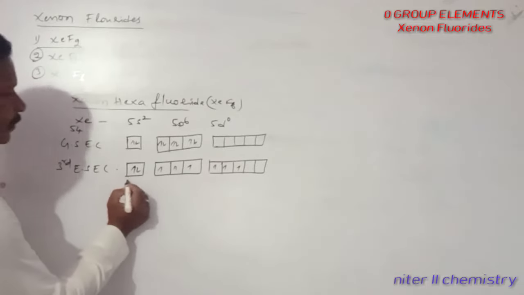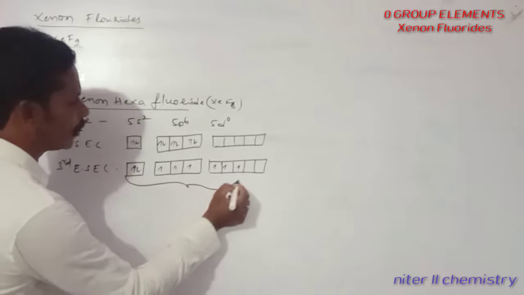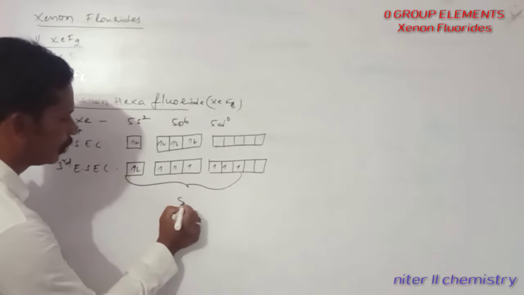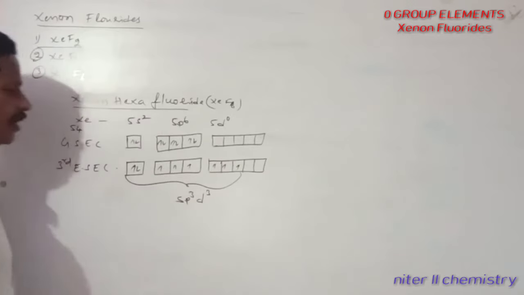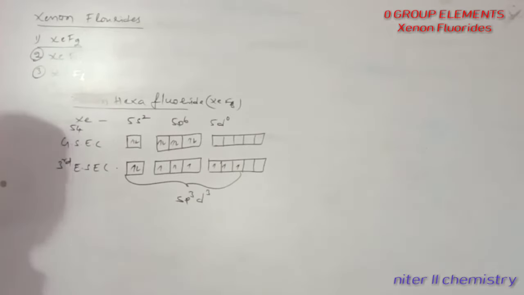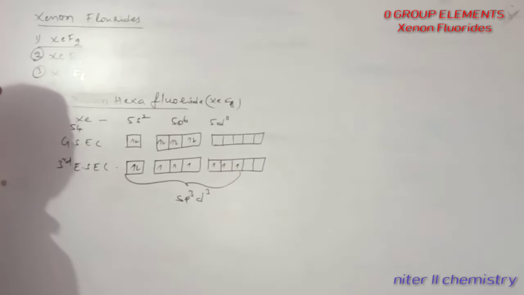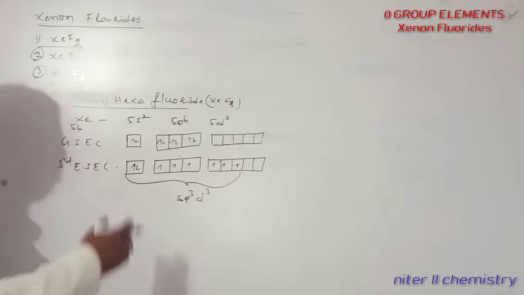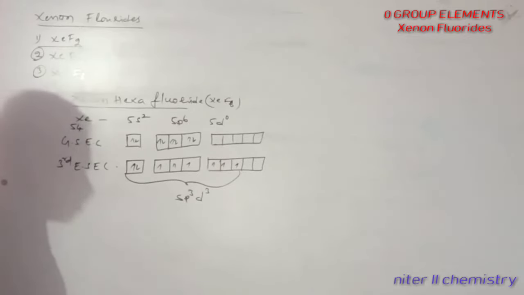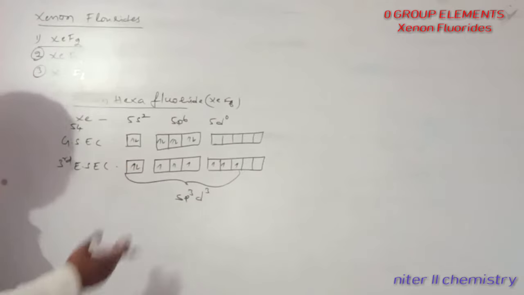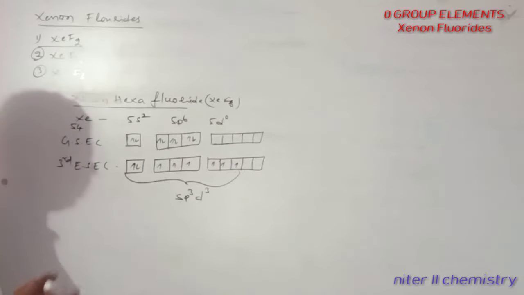In this state, xenon undergoes which hybridization? sp3d3 hybridization. How many sp3d3 hybrid orbitals are formed? 7 sp3d3 hybrid orbitals. How are the 7 hybrid orbitals made up? 1 s orbital, 3 p orbitals and 3 d orbitals. Total 7.